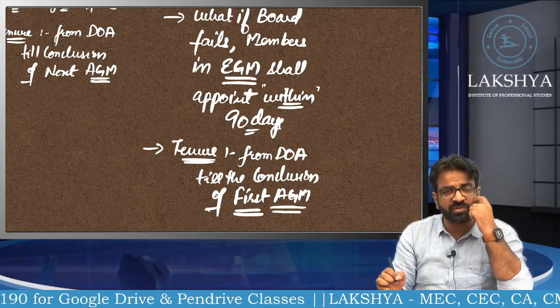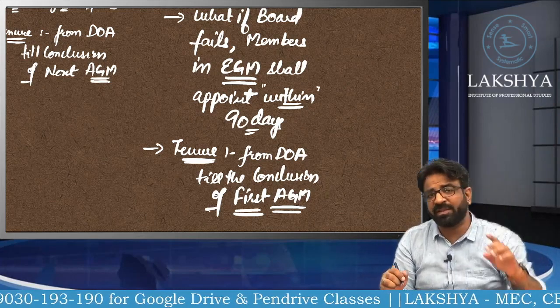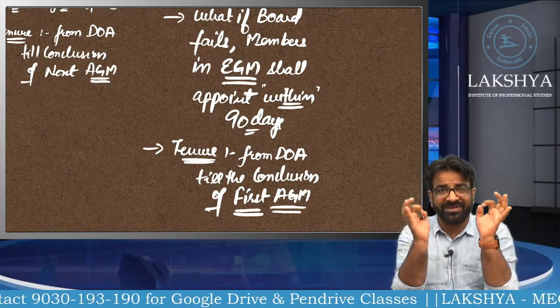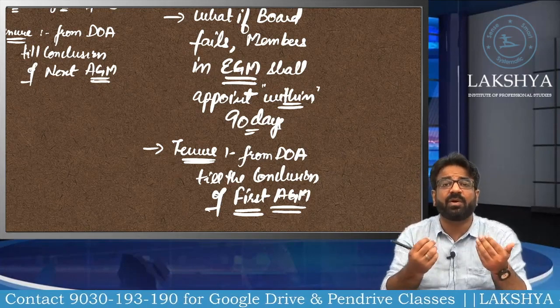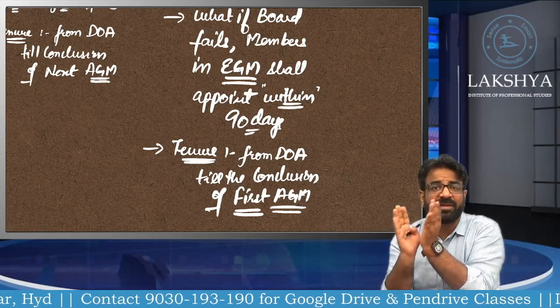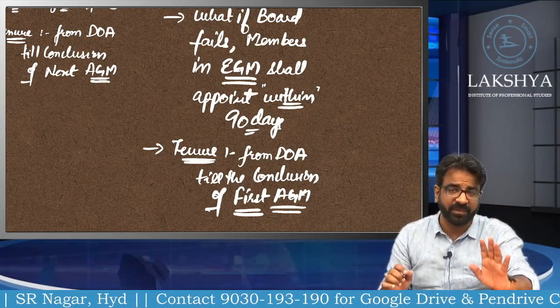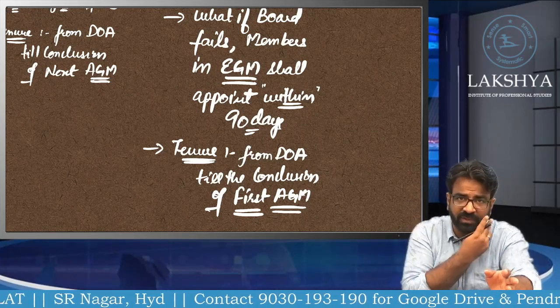So this person also is going to leave the company by the conclusion of the first AGM. Remember one thing, it's not the first AGM, it's the conclusion of the first AGM. जब first AGM खत्म हो जाएगी तब, when the first AGM is concluded, then only he has to leave. So from the date of appointment till the conclusion of first AGM.